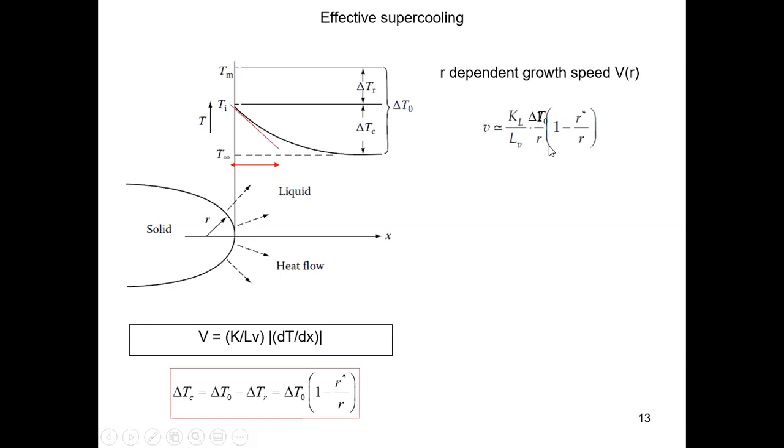So if R goes to infinity, I don't have any growth anymore, because the temperature gradient is solely imposed by the curvature. Too large R is not good, and too small R is also not good, because when R is very small, clearly you have a larger temperature gradient, but you also have a much smaller supercooling, so this will also not give you very good growth because the driving force is too small.